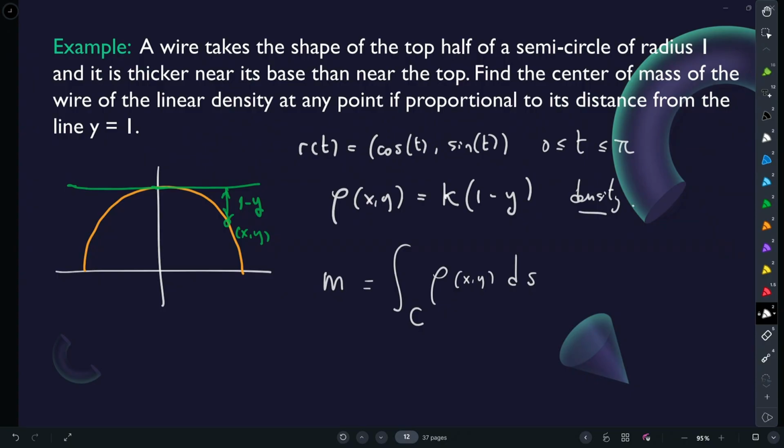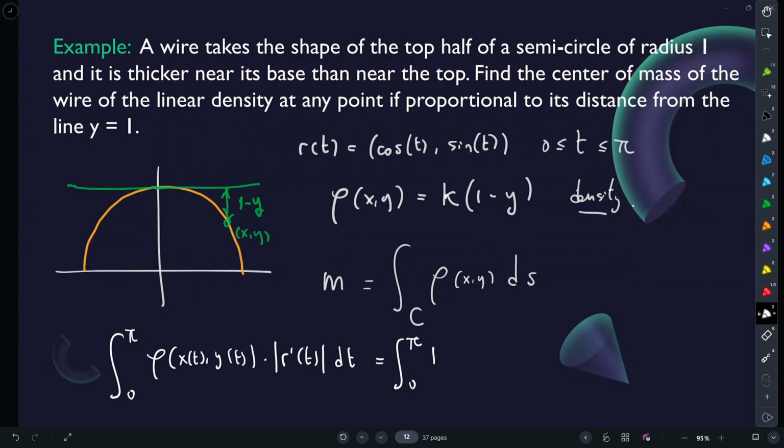Remember that the integral will be the integral from 0 to pi of the function rho evaluated at x(t), y(t) times the length of the tangent vector dt. Okay, so what is all that? This is the integral from 0 to pi of rho evaluated at cosine, sine.